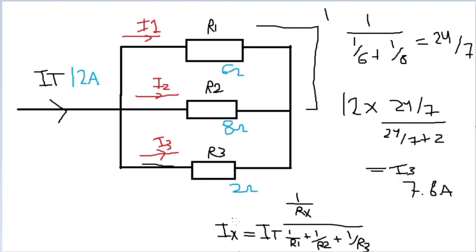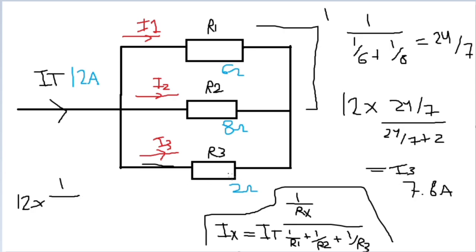Let me calculate I3 using the formula I explained earlier, just to prove that both of them work. So 12 amps times 1 over R3, which is 2, divided by 1 over 6 plus 1 over 8 plus 1 over 2.